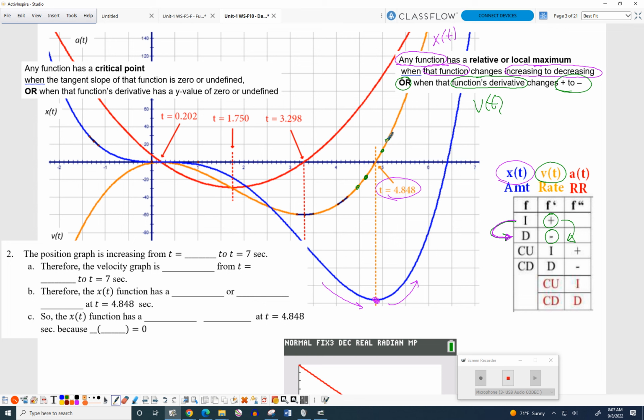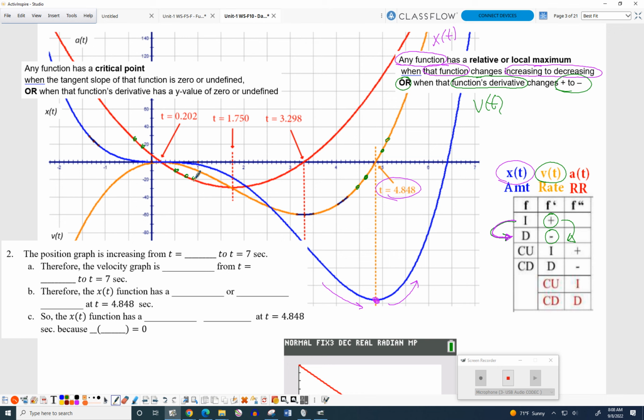Now, if you look at the acceleration, you'll notice that the acceleration is changing from positive y coordinates to negative y coordinates. That's telling you that the velocity graph has a relative max at that spot. But it is not the relative max of acceleration, just velocity.